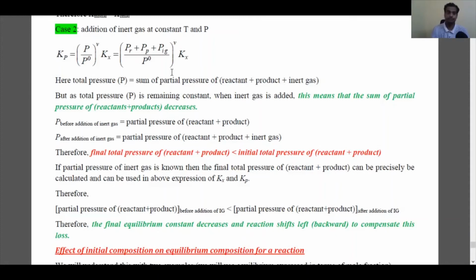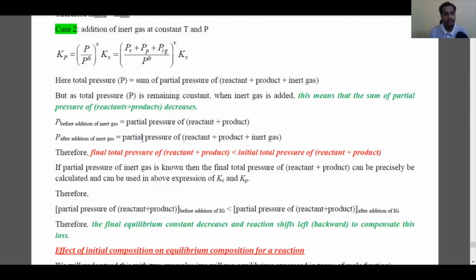The pressure before addition of inert gas was due to the partial pressure of reactant and products. Now the pressure after addition of inert gas is due to the partial pressure of reactant, product and inert gas. And we are imposing the condition that pressure is not changing, meaning both are the same. So after addition of inert gas, the partial pressure of reactant and product will decrease.